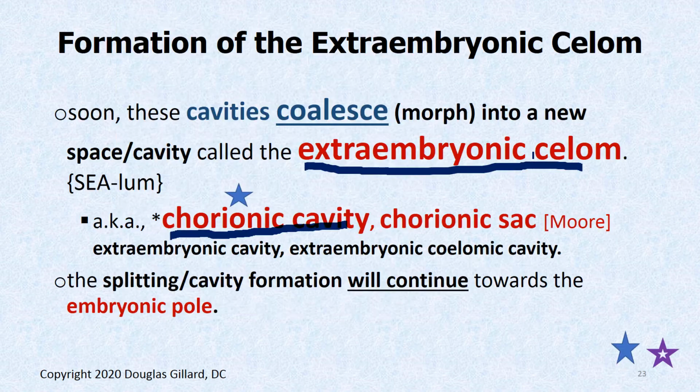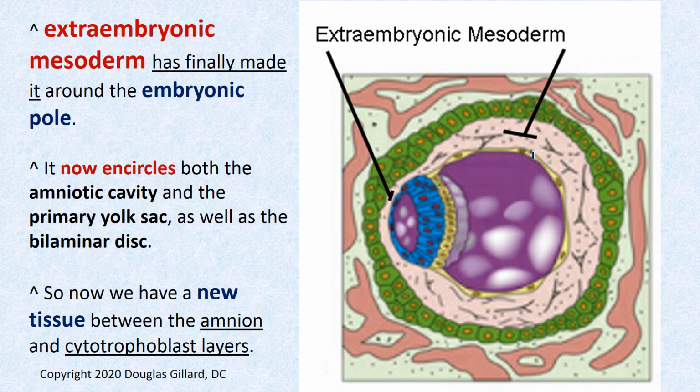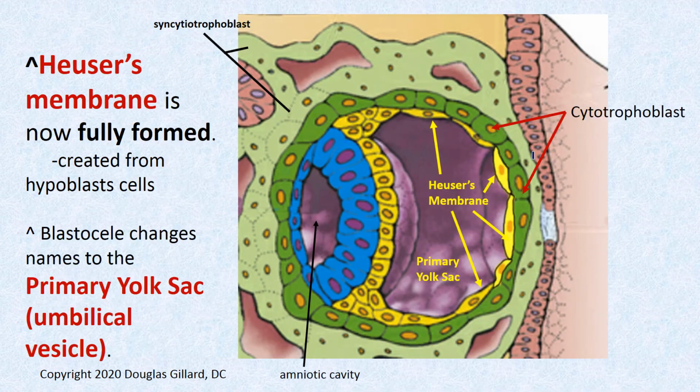Where was that? Sorry, I'm going way back. Oh, here we go. So here is the hypoblast layer here in yellow. This is going to morph into one of the major stem cells called germ cell. This is going to be a germ cell layer.